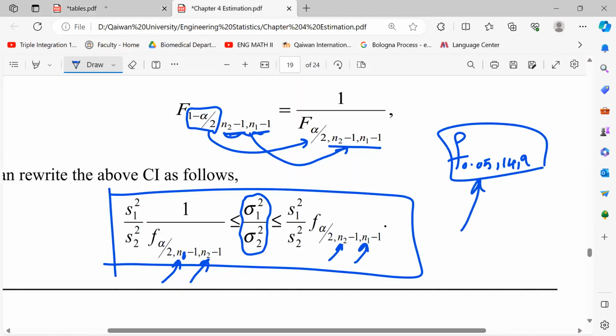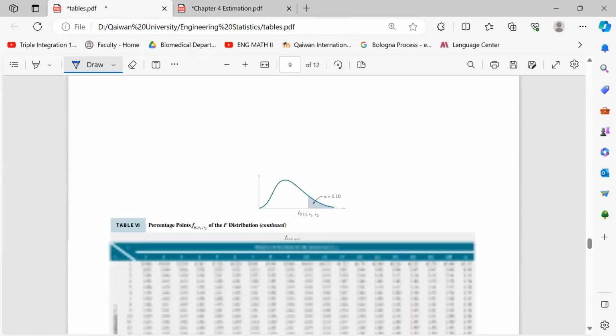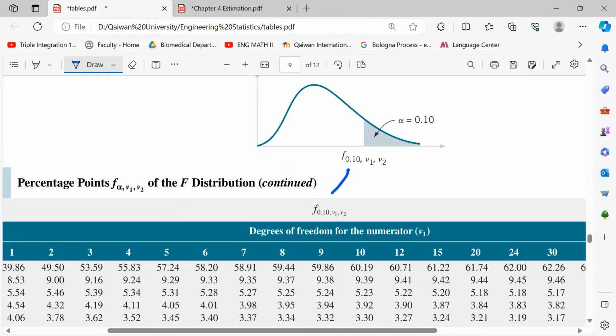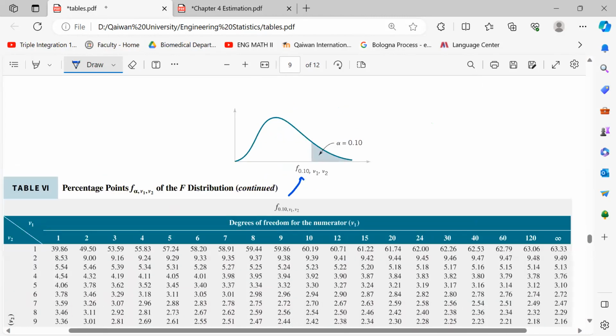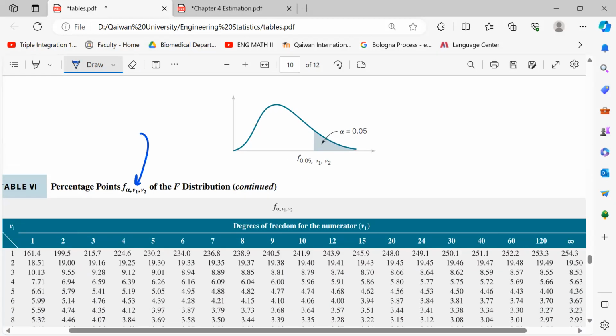As we have 0.05, we need to look for a table for f of 0.05. This one is 0.10, we don't use this. It's still F distribution. This one is 0.05.